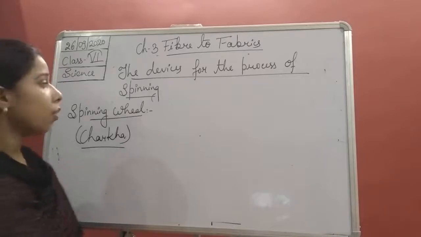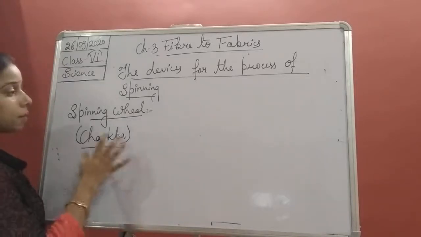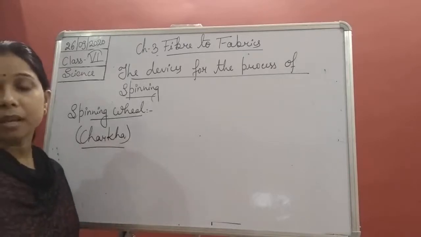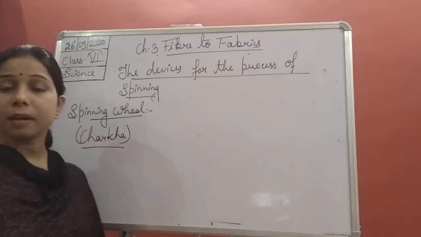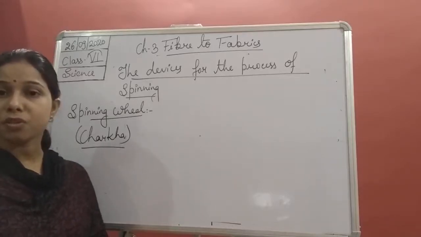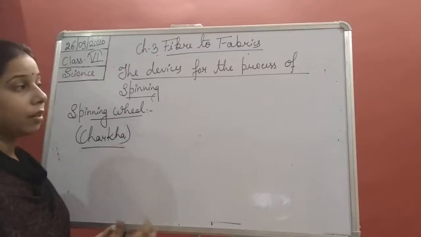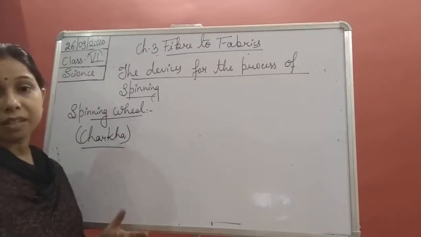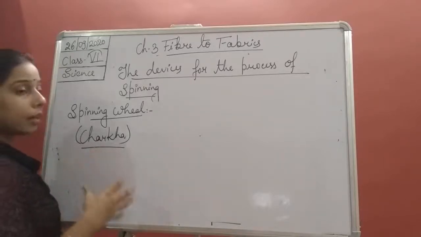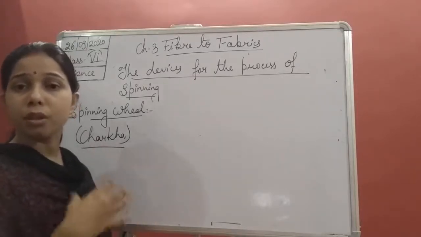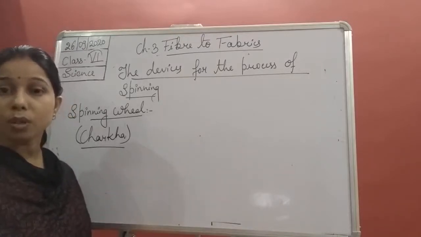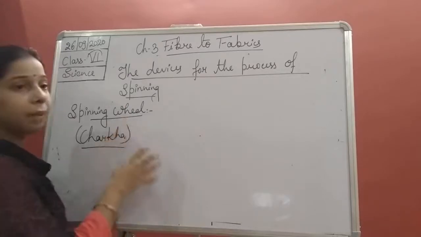He introduced it and encouraged the people, because he participated in the freedom of India from British rule. He encouraged that instead of using the clothes given by them, we should make our own clothes with the help of this spinning wheel.